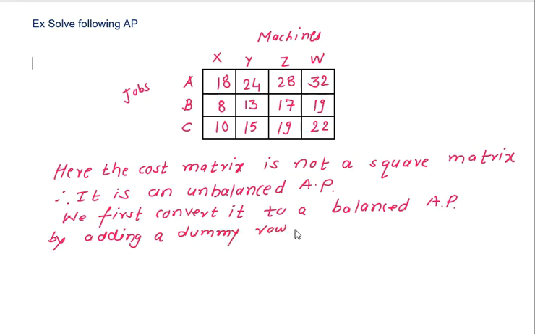fourth row, dummy row say D, with zero cost of assignment. We get the following balanced assignment problem.